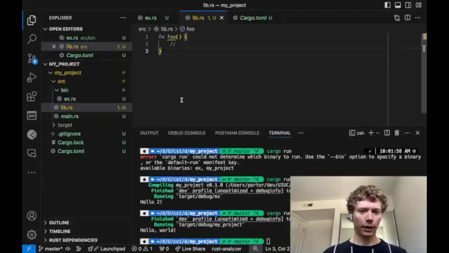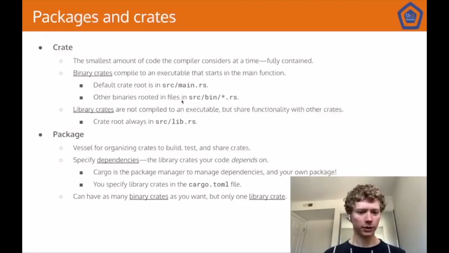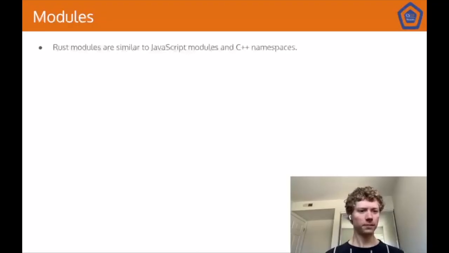So I think that's everything for packages and crates. Now moving on to modules. Rust modules are a way for organizing things, similar to JavaScript modules, if you're familiar, or C++ namespaces, grouping functions together so it's more organized.